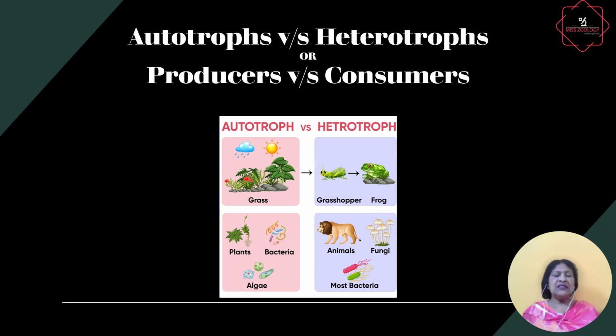So, in case you have to differentiate by giving examples, all those who can photosynthesize, like the green plants, and indeed some of the bacteria who are chemosynthetic, they could also be under the autotrophs. But heterotrophs are all the other organisms, including animals, in large numbers, who would fall under heterotrophs.